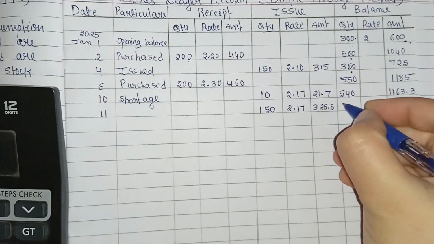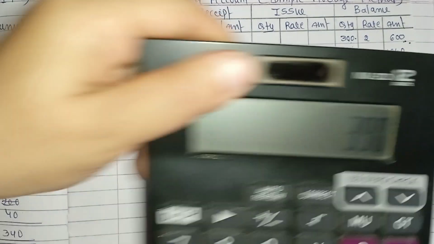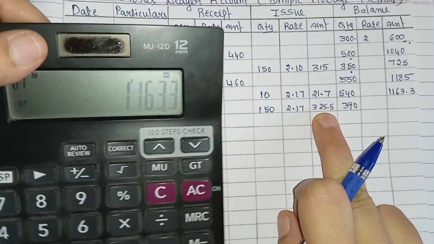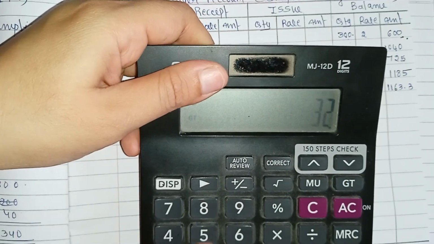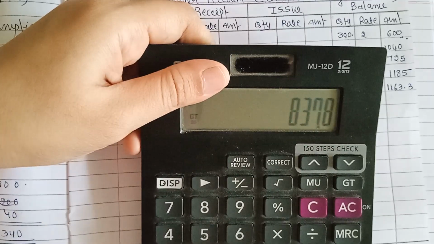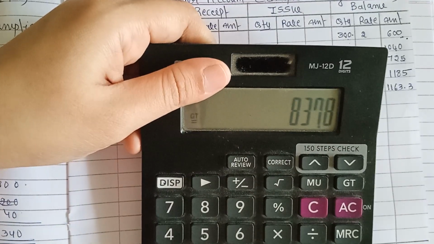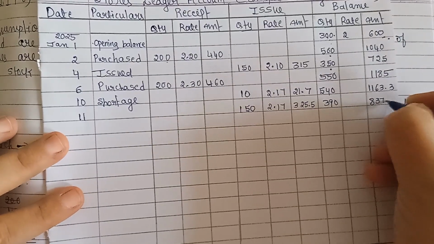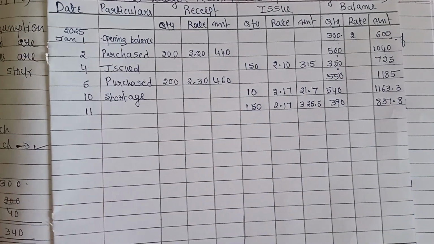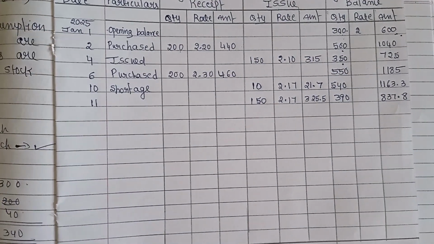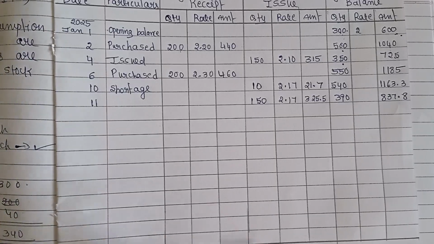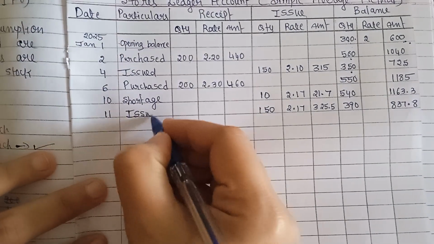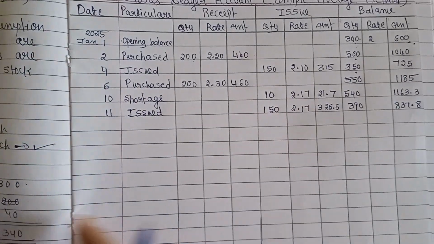Means remaining units with us 390. 1163.3 minus 325.5 equals to 837.8. Clear? 837.8. Clear? Now next, on 11th issued, right? Don't forget to write down the particulars column.